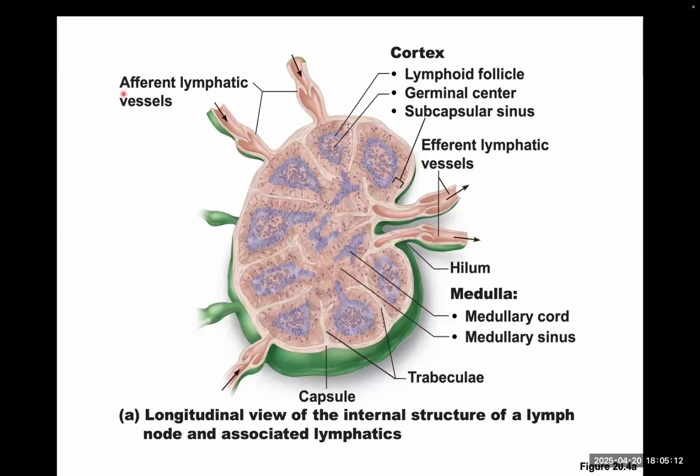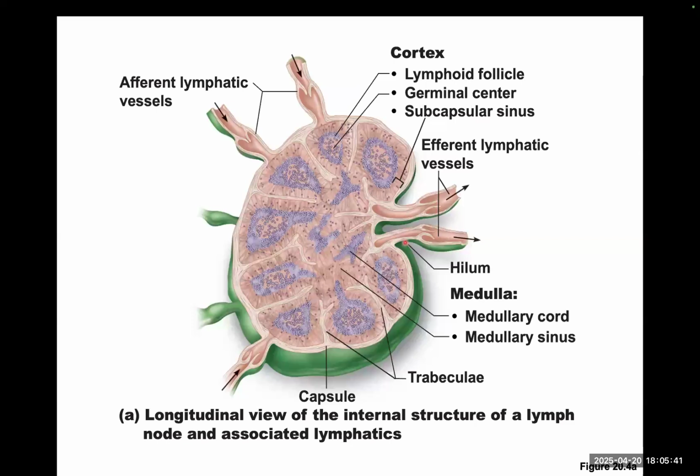You can also try to remember these from the kidney. We had afferent and efferent in the kidney as well. So E for exit. Try to remember that efferent is E for exit. When we get to the urinary system, the same thing kind of happens.